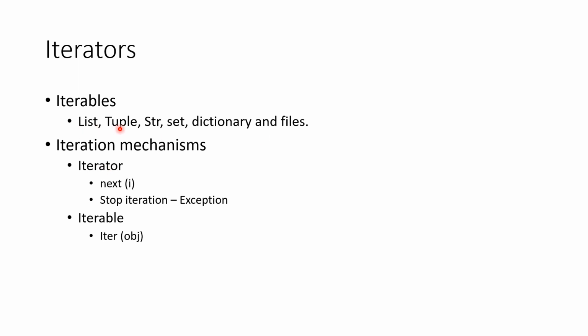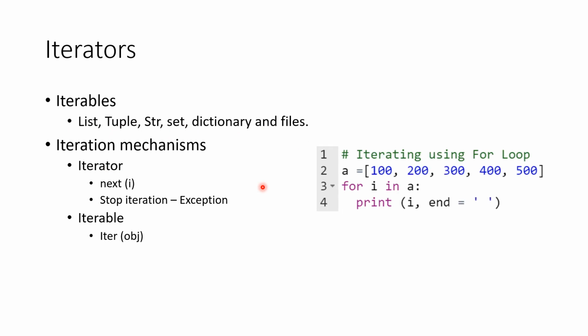It could be a list, tuple, string, set, dictionary, or file. Anything. That is why I showed you earlier that i is an iterable object here. It iterates through the object called A, and every time i is accessed, it gives access to the elements of the list A.